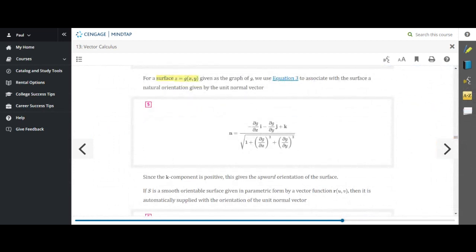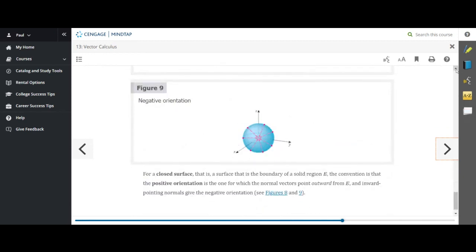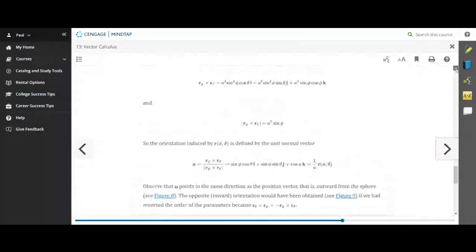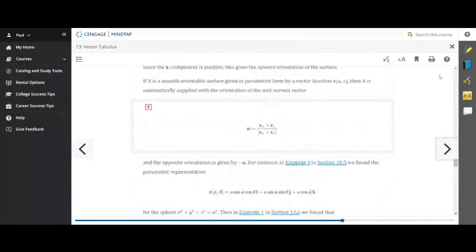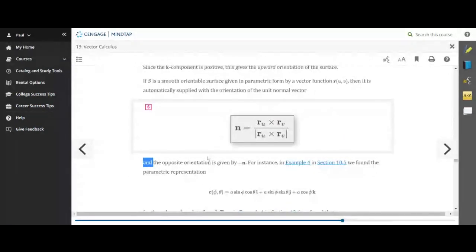The unit normal vectors are what we use when we talk about positive or negative orientation, pointing outward or inward from the surface. Another way to get a unit normal vector is to use the definition.